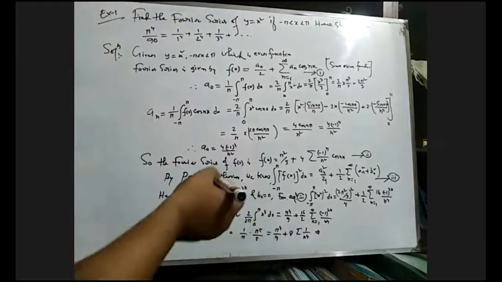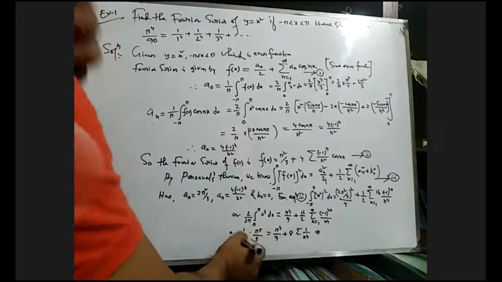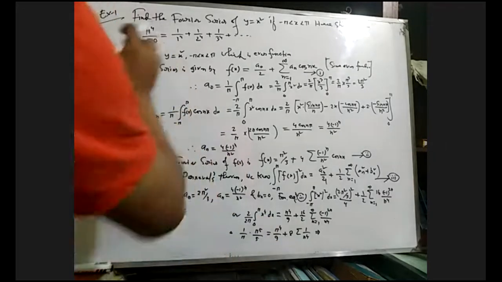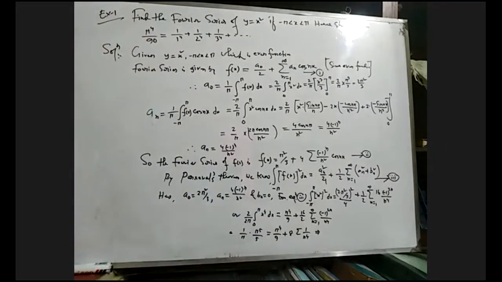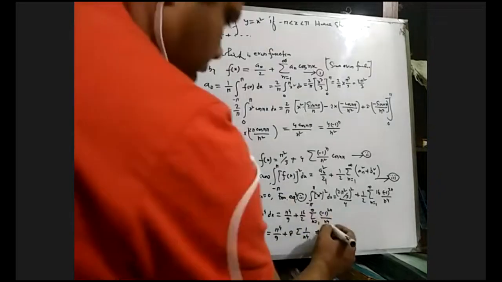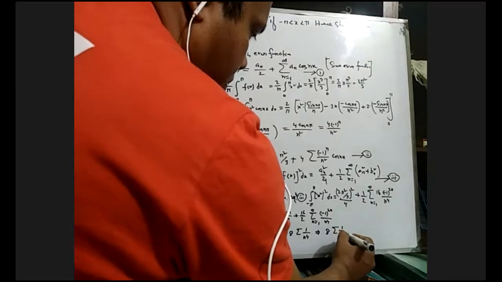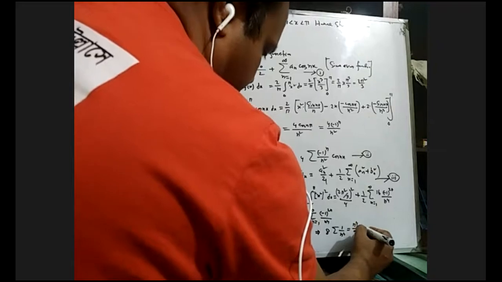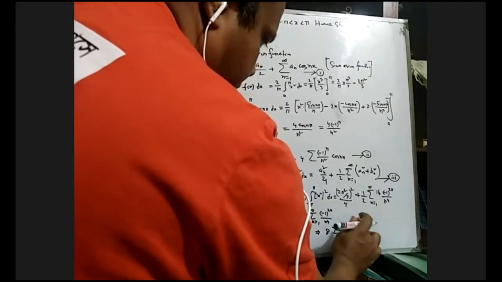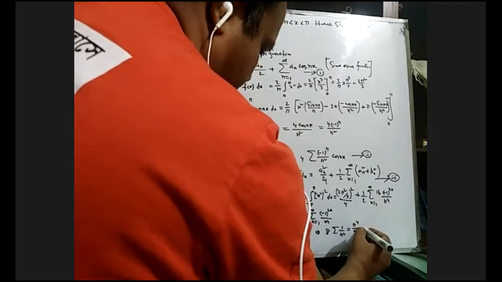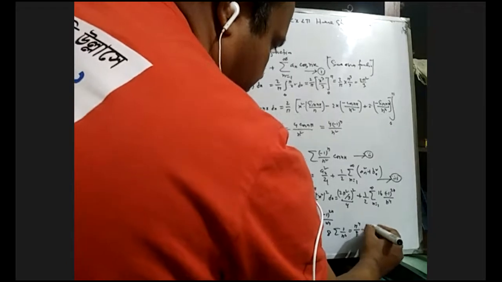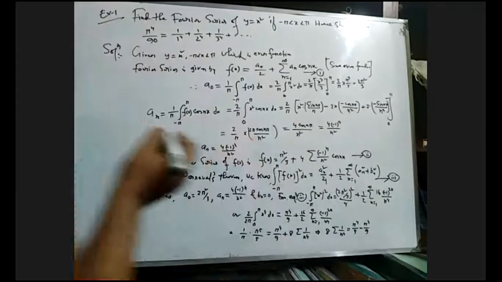So from this, to get this we can easily get that 8 summation 1 by n to the power 4 equals pi to the power 4 by 5 minus pi to the power 4 by 9.